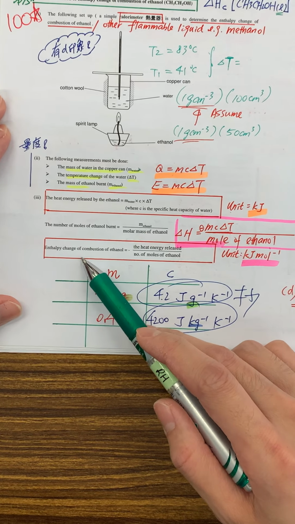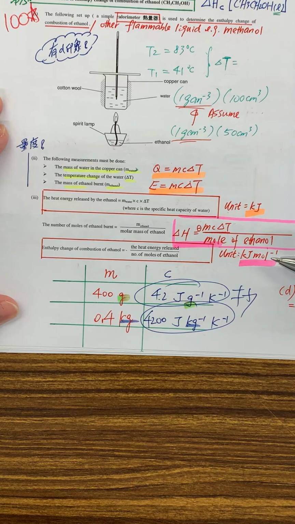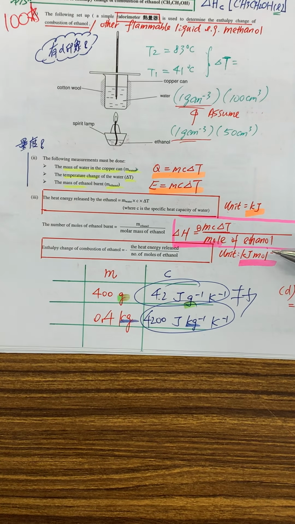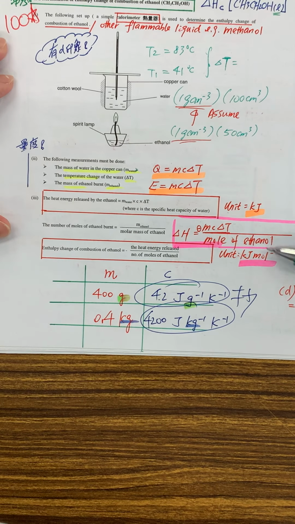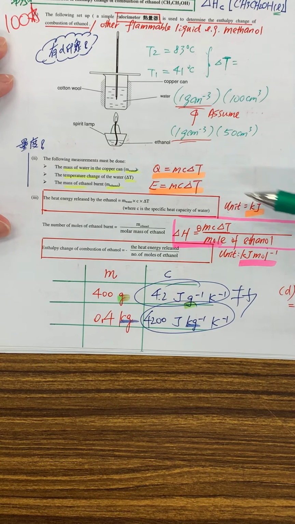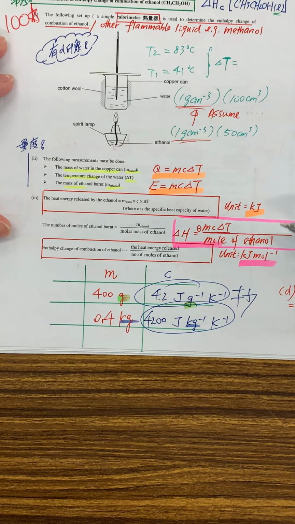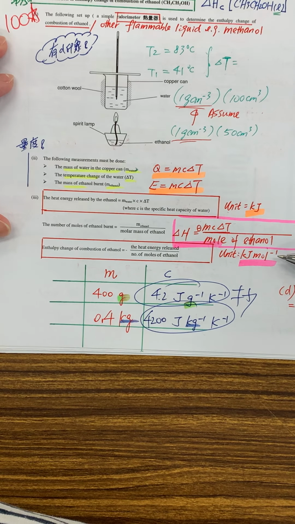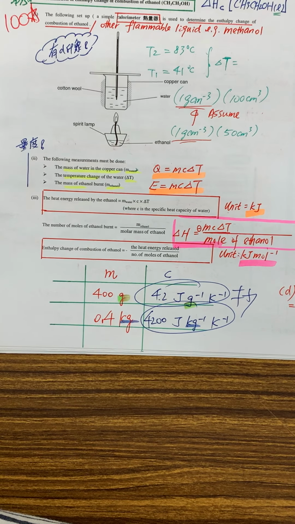Now, if the question asks you for enthalpy change, you need to divide it by the number of moles. Do you remember, in part 1 we already discussed it. The delta H unit is kilojoule per mole, right? The Q you calculated here has the unit kilojoule only. So you need to divide it by moles. Which species' moles?